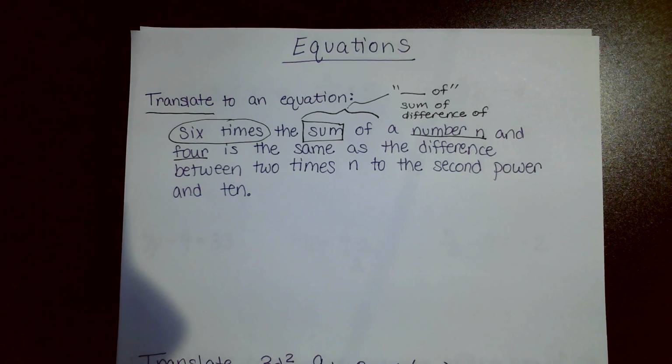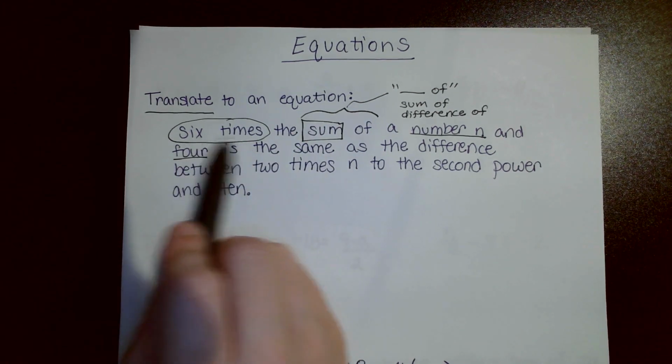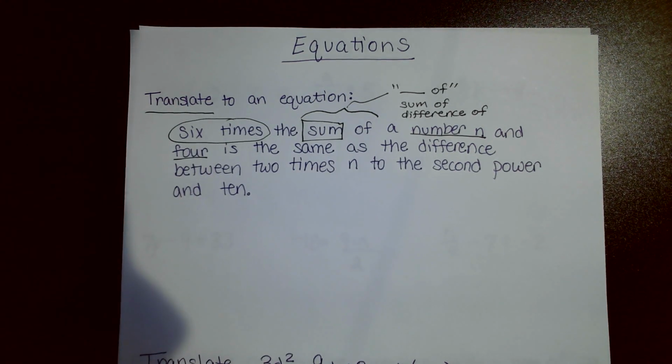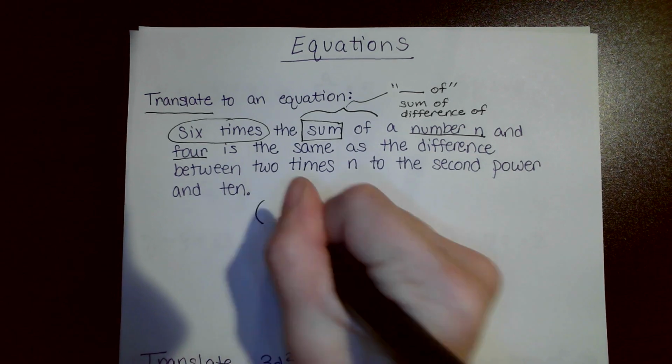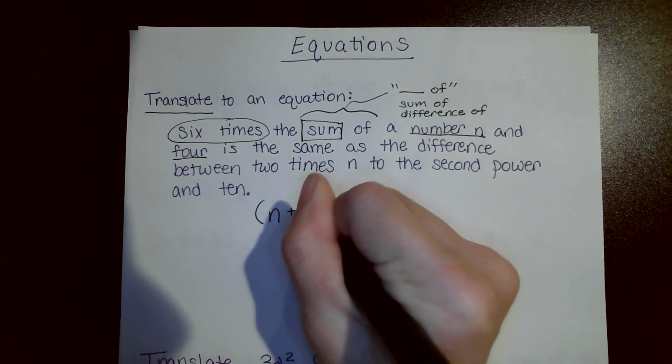We have to find that sum or difference first before we apply the multiplication or the other operation that's being mentioned. So here, the sum of a number n and 4, so we're going to do n plus 4.